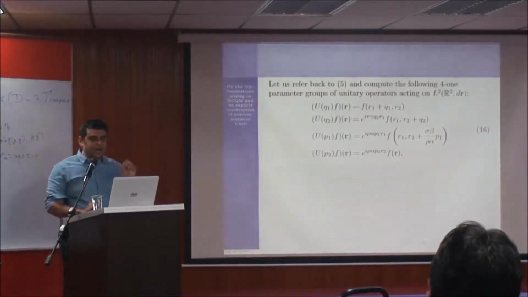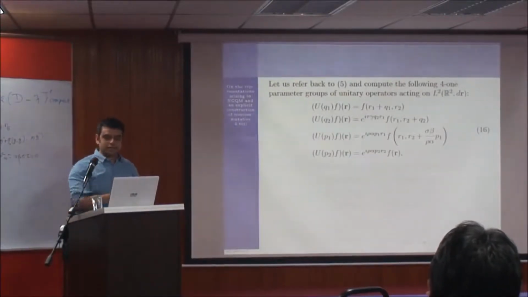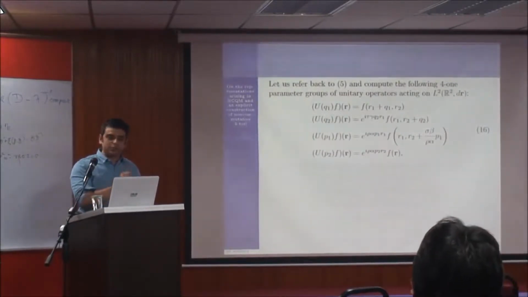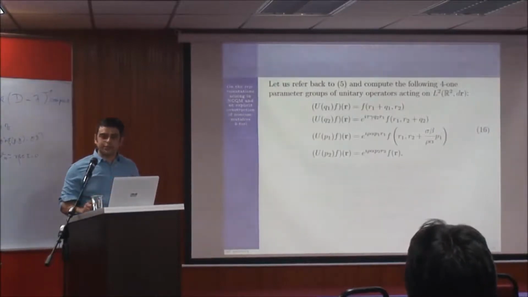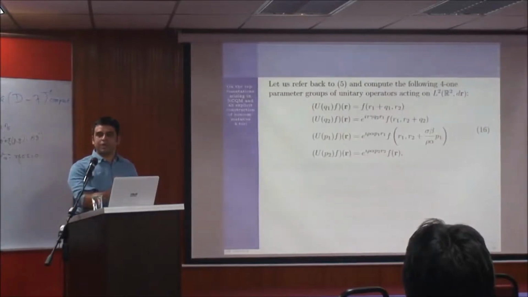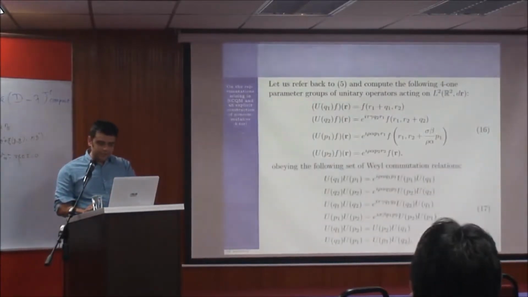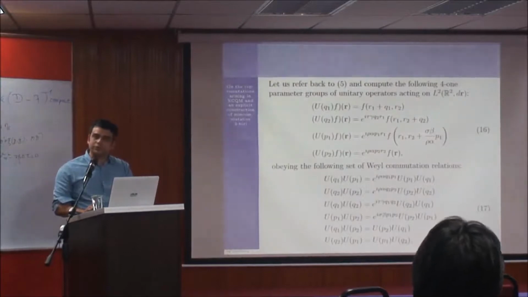So this is how UQ1 acts. Equation number 16 tells you how UQ1, UQ2, UP1, and UP2 act on functions from L2 of R2. Now it's a very easy exercise to see that number 17 holds.